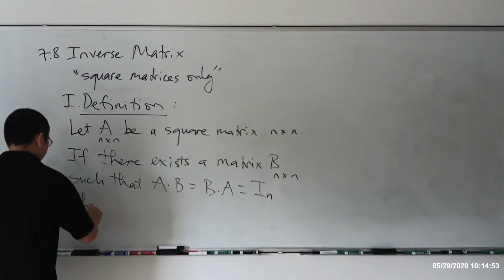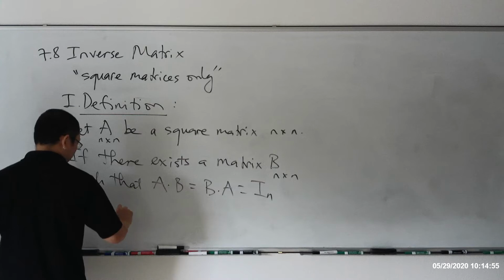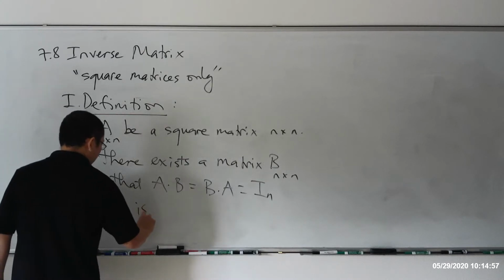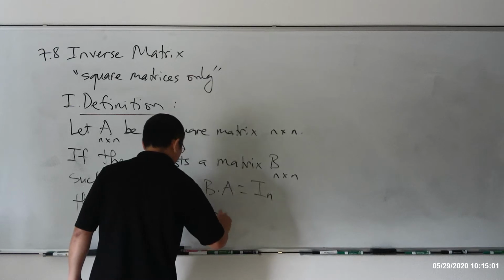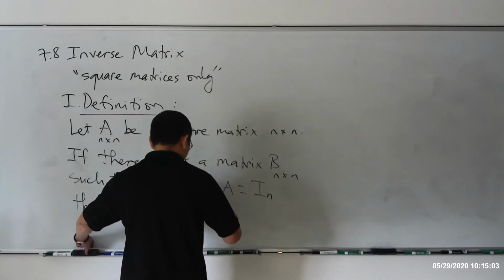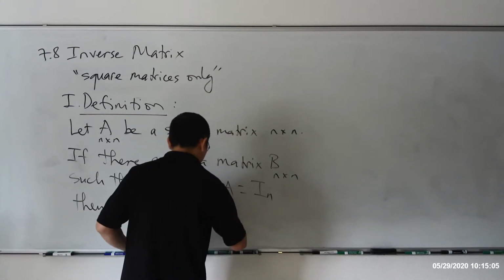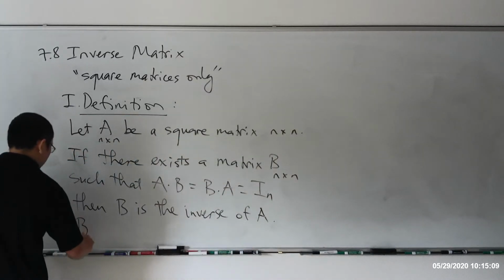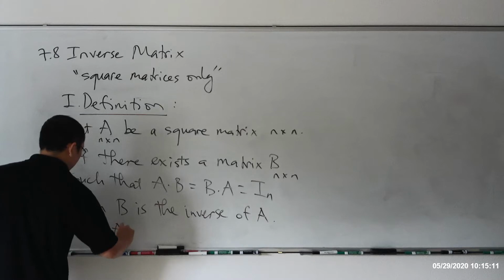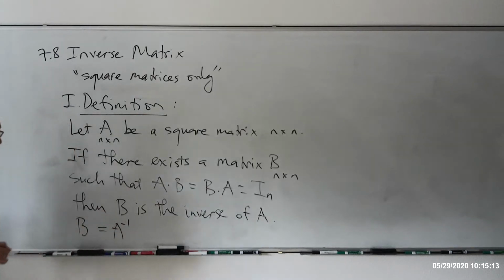Then we say that B is the inverse of A, and B is denoted by A to the -1.